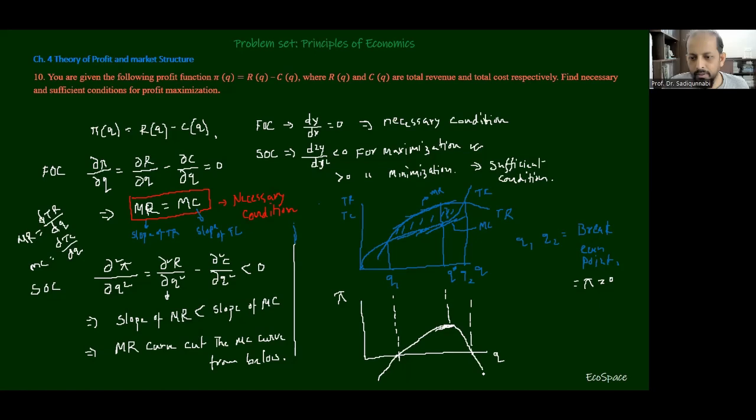So this is our pi curve, the total profit curve. Okay, so this is the maximum total profit. So this is our profit curve.